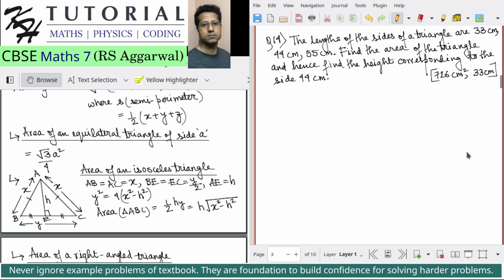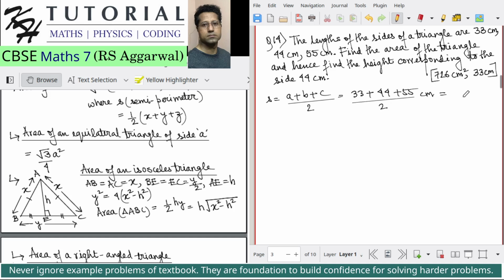Question number 14 says the lengths of the sides of a triangle are 33 centimeter, 44 centimeter, and 55 centimeter. Find the area of the triangle and hence find the height corresponding to the side 44 centimeter. Okay, so we know Heron's formula. We have to find the semi perimeter, which is the sum of the lengths of the sides divided by 2, which is 33 plus 44 plus 55 by 2 centimeter.